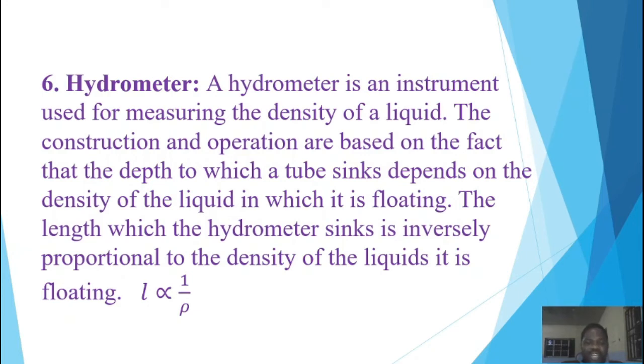So the length to which the hydrometer sinks is inversely proportional to the density of the liquid, that is, proportional to 1/density. That means if a hydrometer is immersed in a less dense liquid, it is going to sink more. But if it is immersed in a denser liquid, it will sink less. So we use this principle to measure the different densities of liquids.